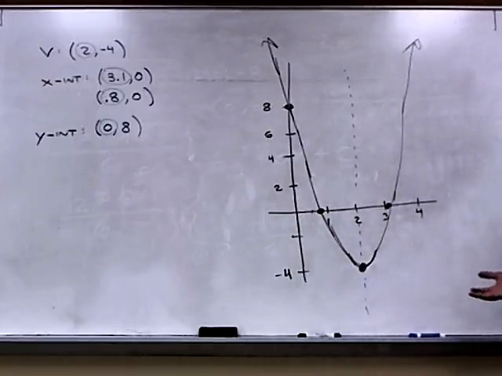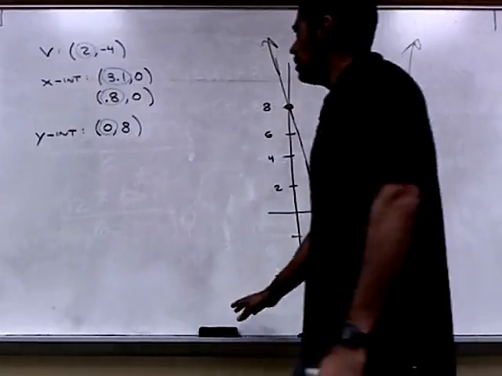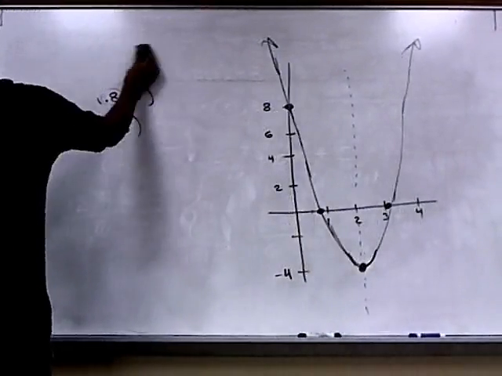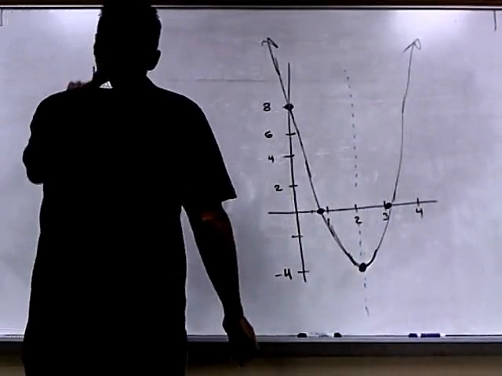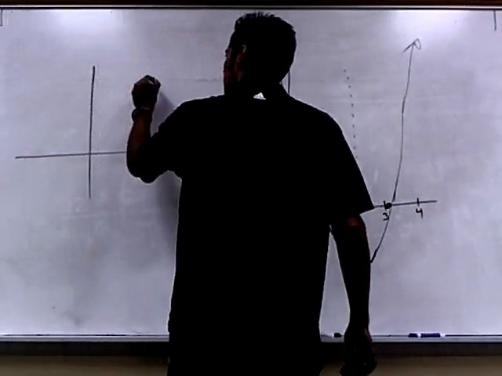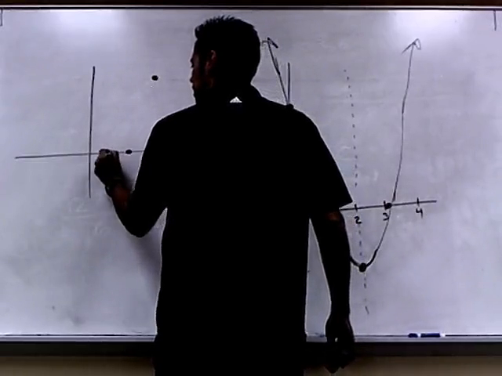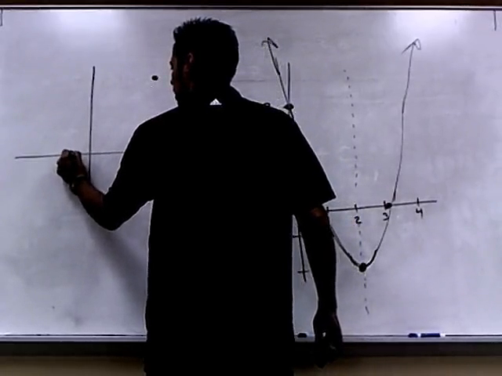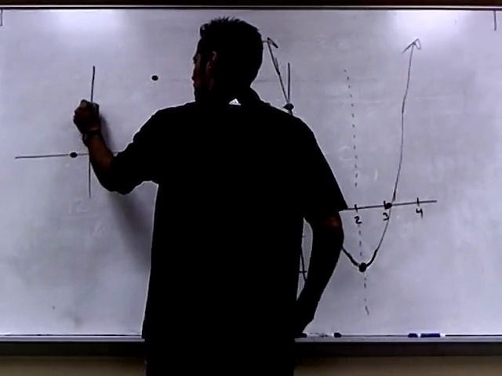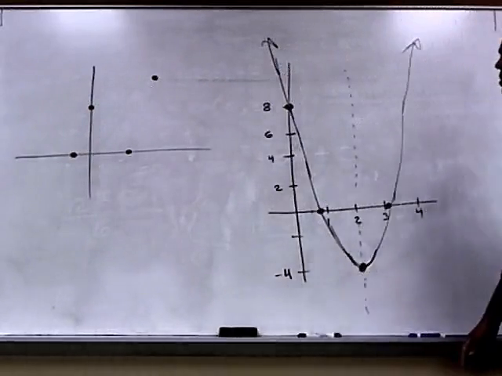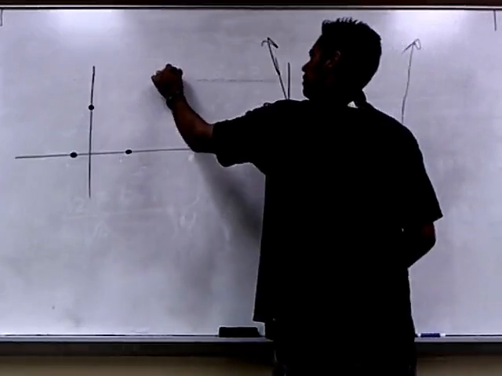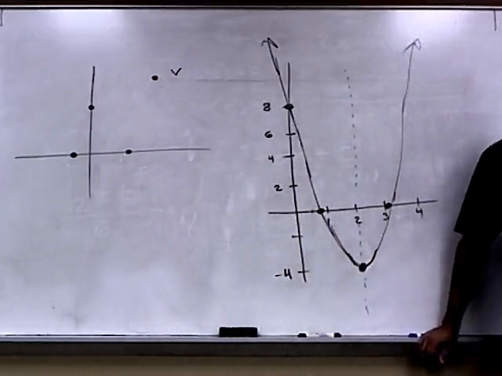Okay, a couple of things to look out for before we move on, because we do need to move on. When you're doing your work, if you have a vertex here, x-intercepts here, and a y-intercept here, what would you say to yourself? What happened?